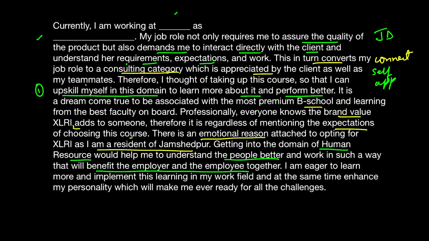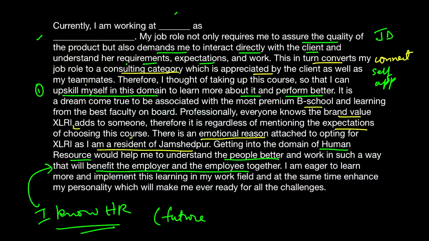HR is the connecting link between employer and employee, and that's what I hit the iron upon, that look, I know what HRs do. This is what I tried to reflect from this line, that I know what the primary function of HR is, and I want to improve on that same thing. By saying this I also told them my future aspects, and that I know about this domain.